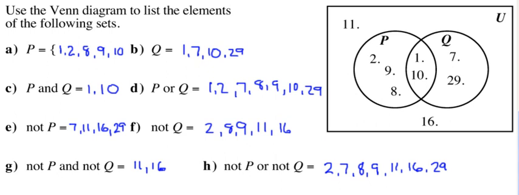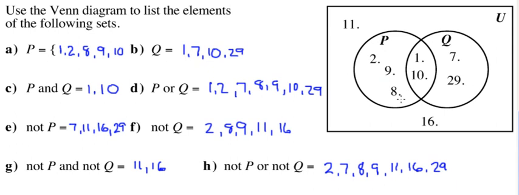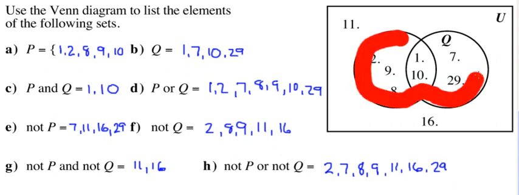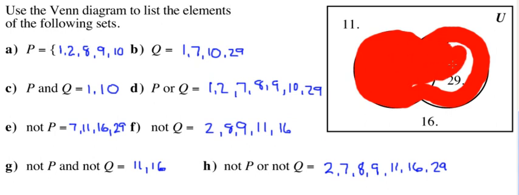Not P or Q. I'm actually going to color code this one because it might get a little more complex. Not P or Q. So P or Q means all this. It means if you're in circle P or if you're in circle Q, then you're in that big red glob.